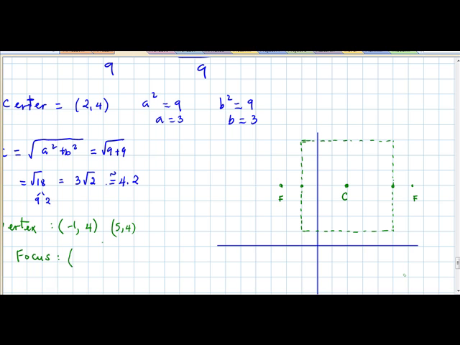You like to write using the formula for my notes, it should be 2 minus 3 times square root of 2 comma 4 and 2 plus 3 times square root of 2 comma 4, which is approximately minus 2.2 comma 4.